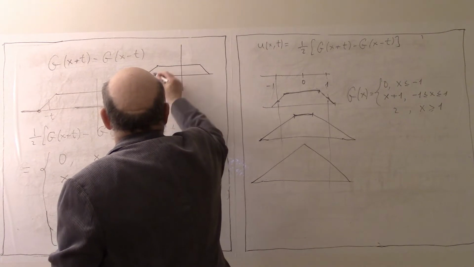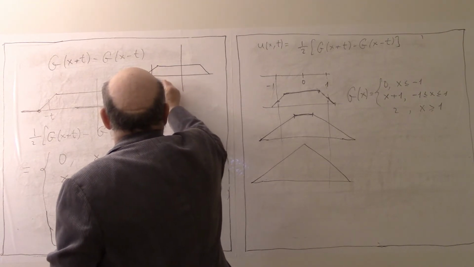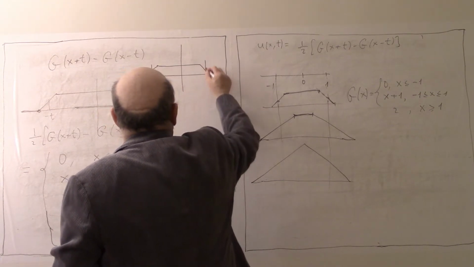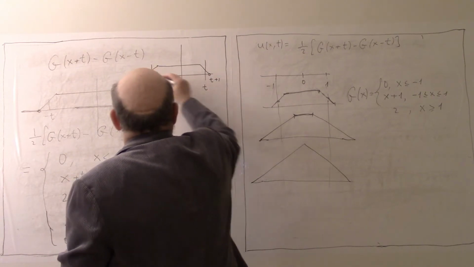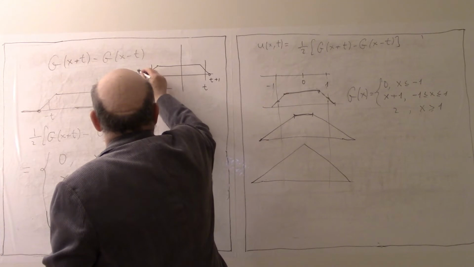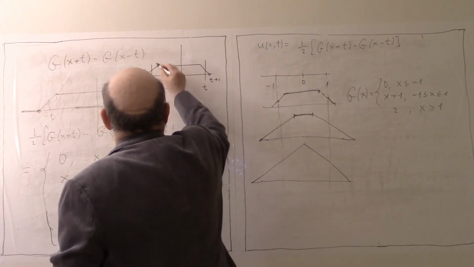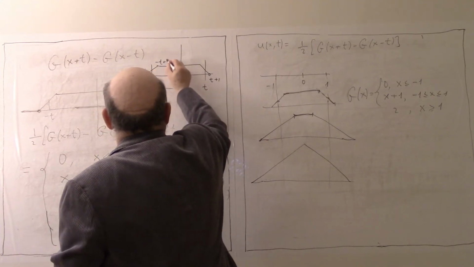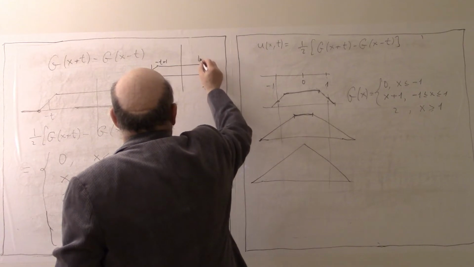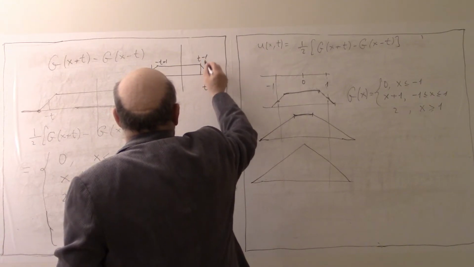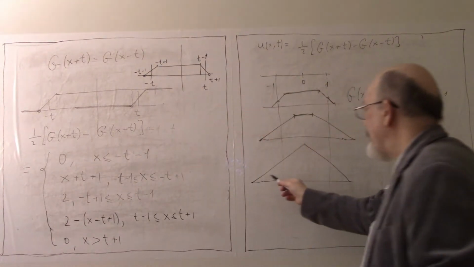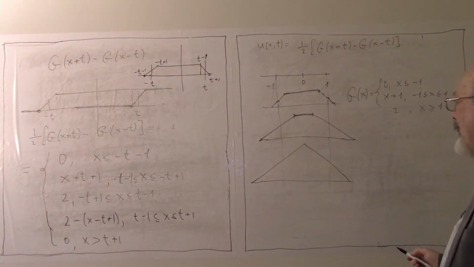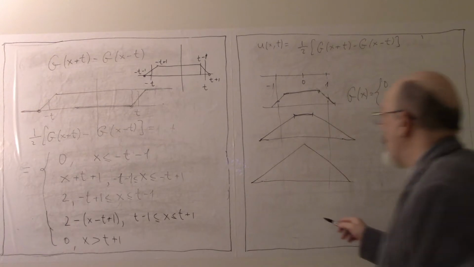This is minus t, this is t, this is t plus 1, this is minus t minus 1, minus t plus 1. This is t minus 1. Yeah? And so now we can see, draw here the continuation of this movie.